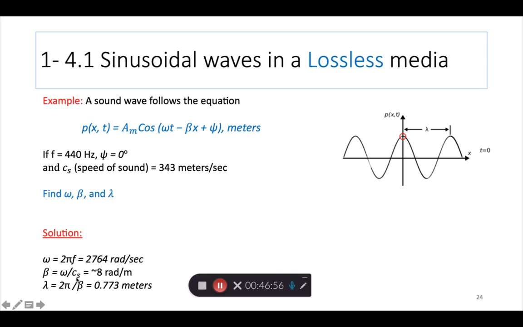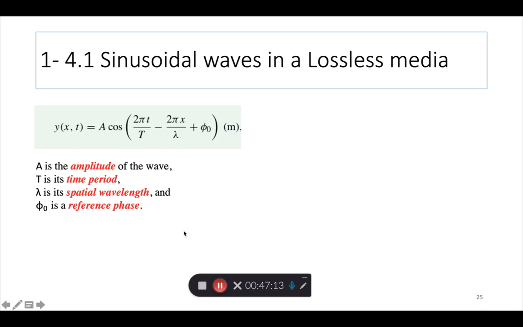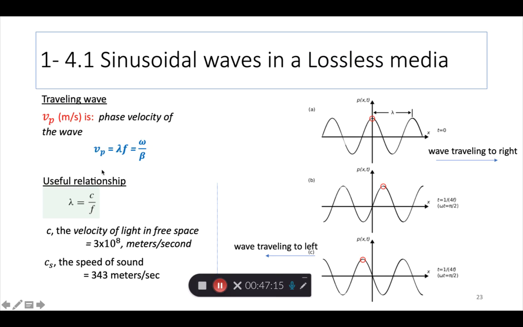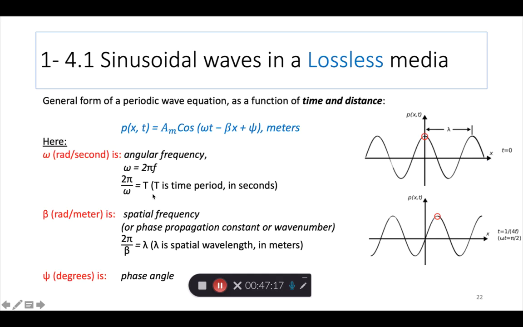Beta is omega by velocity. So that's roughly 8 radians per meter. And lambda is 2 pi by beta, which is in the previous formula here, right? Lambda is 2 pi by beta.